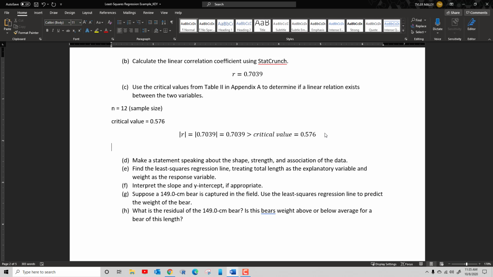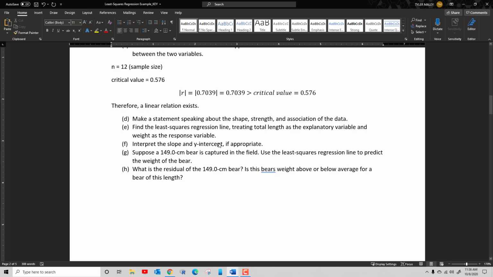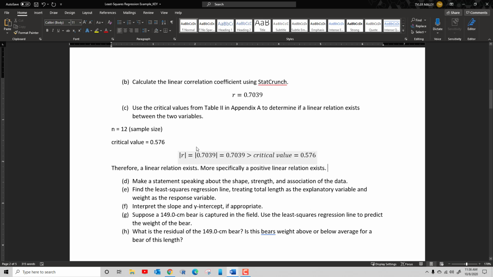Therefore, a linear relation exists, since the absolute value of our correlation coefficient is bigger than the critical value. In fact, we could comment that, more specifically, a positive linear relation exists. We know that because the R value is positive.